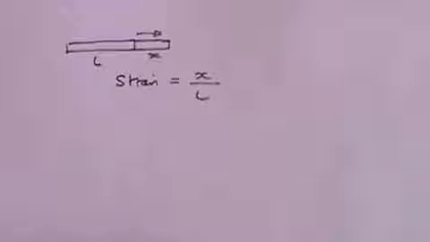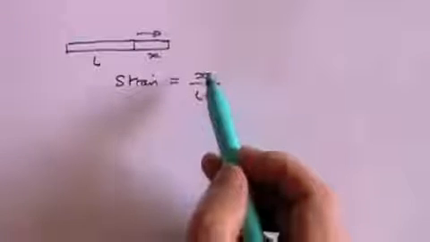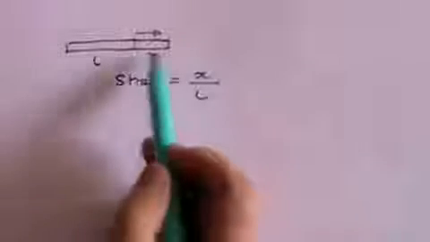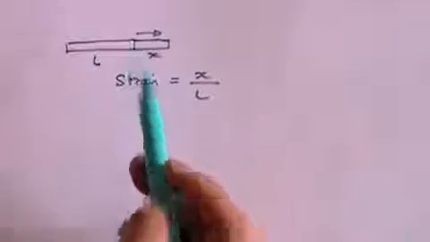And that has no units, because this is measured in length and this is measured in length, and length divided by length just gives you a number with no units. And stress and strain can be measured whether you are extending a piece of wire or compressing a spring.